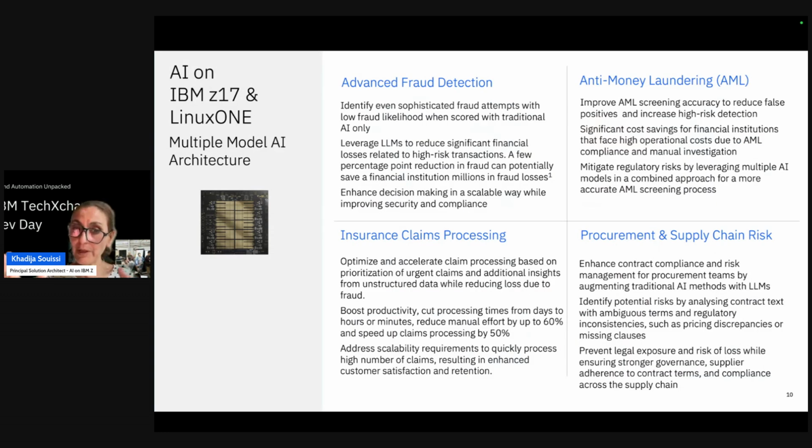I'm also going to give you a short overview of what types of multiple model applications we have been exploring with our clients. So let's start with fraud detection. Typically, banking and financial institutions are now able to use AI technologies to scan every transaction in real time, with very low response time within the transaction, in order to score every transaction against fraud.